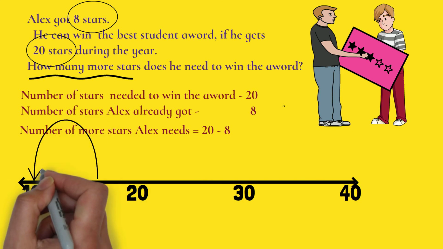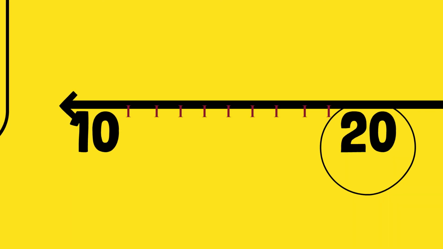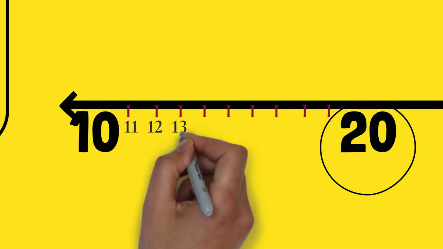We need to count backward from the number 20. So we need to write the numbers between 10 to 20. We will write only those numbers in between which we need. So write numbers between 10 to 20 only.